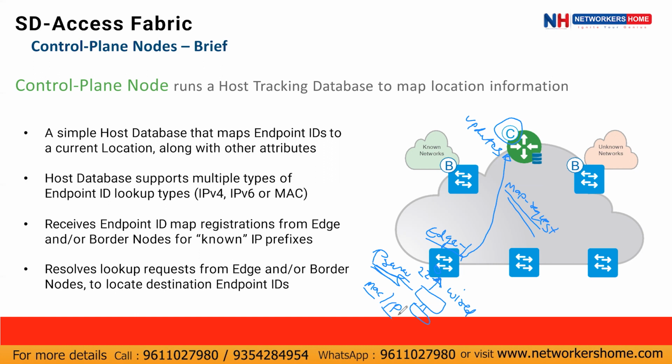And it has the capability, like we discussed, very similar to the DNS lookup or DNS resolution. So it resolves lookup requests from edge or border nodes to locate destination endpoint IDs. This is nothing but the endpoint ID. Clear?